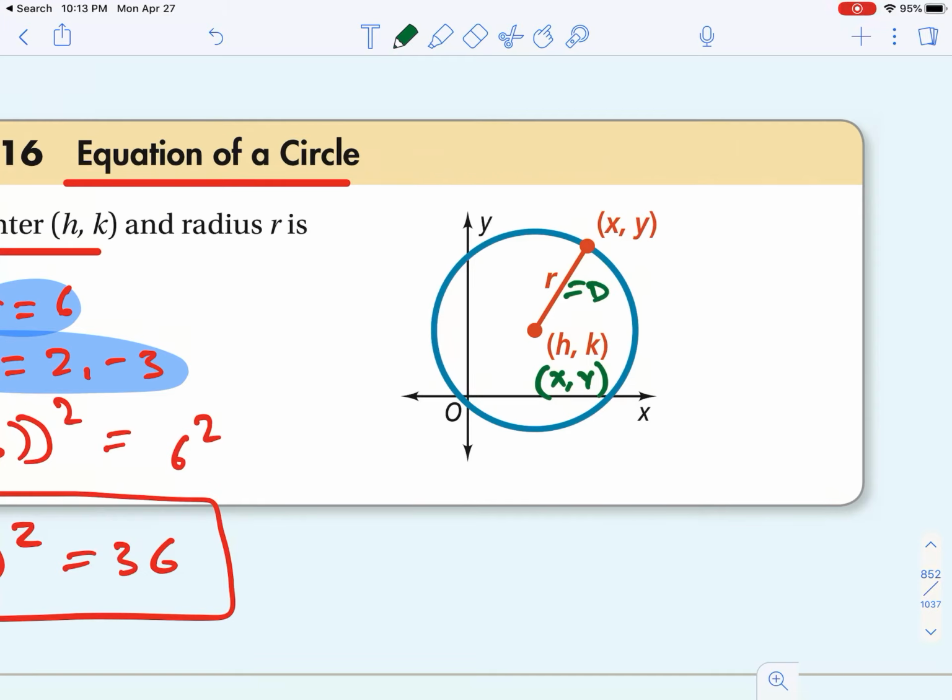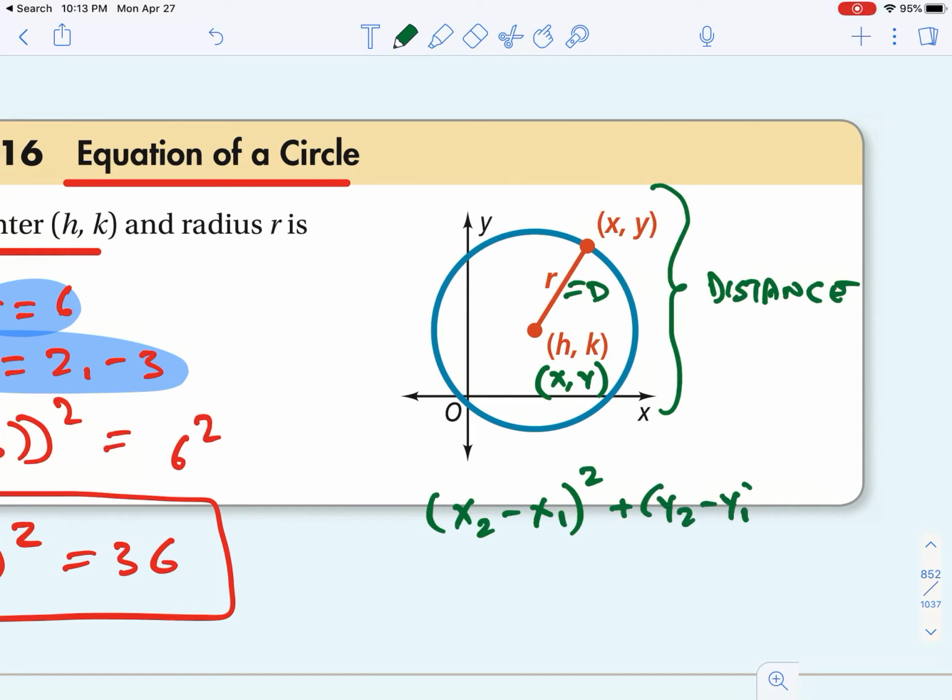So hopefully you guys are starting to realize that this information is really just pulled off of the distance formula. What is our distance formula? Remember, it's (x2 minus x1) squared plus (y2 minus y1) squared equals distance squared.